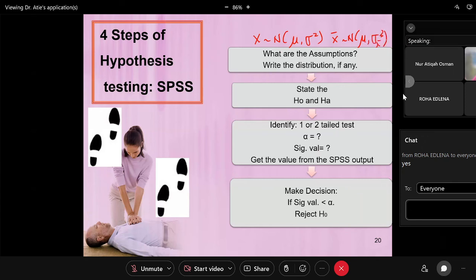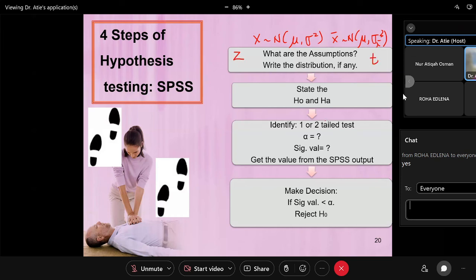Even if you use SPSS, you need to identify the values that you can use for writing this distribution. In terms of the assumptions, so far we have learned 2 distributions: either Z or T distribution.